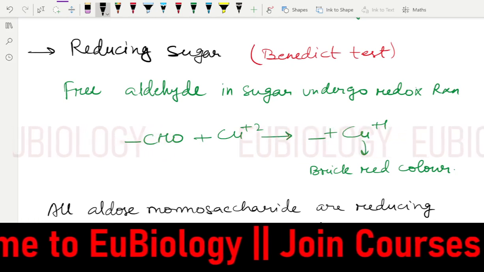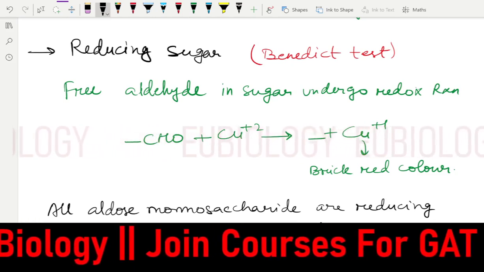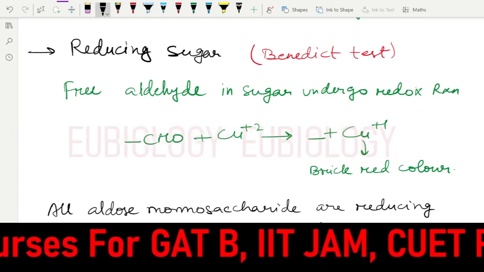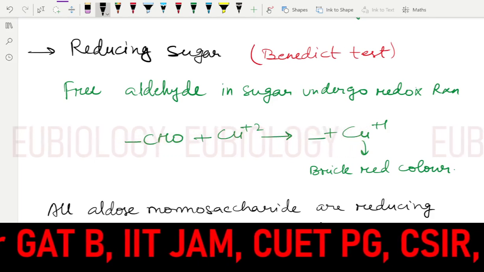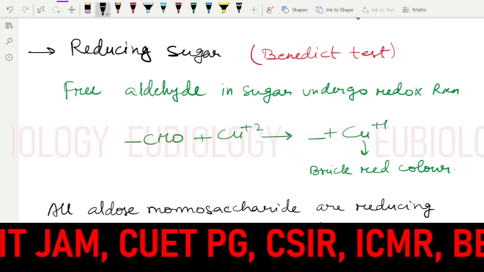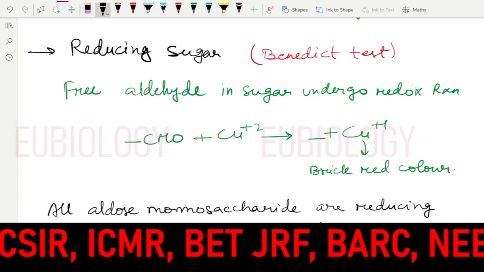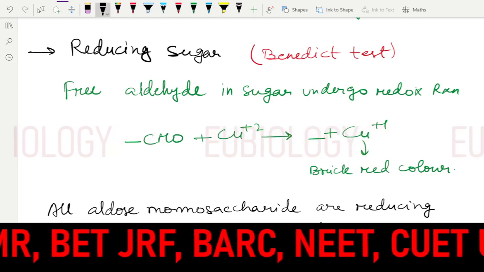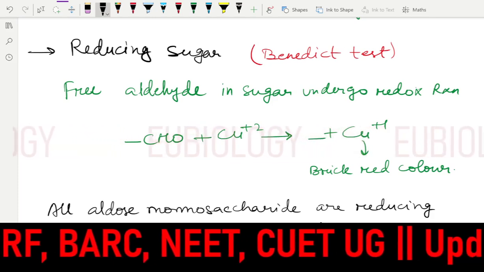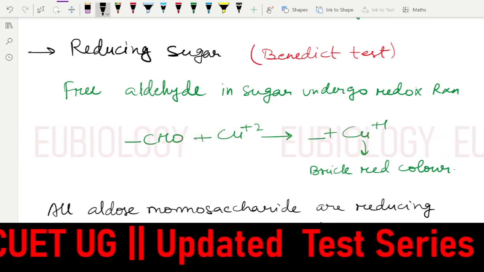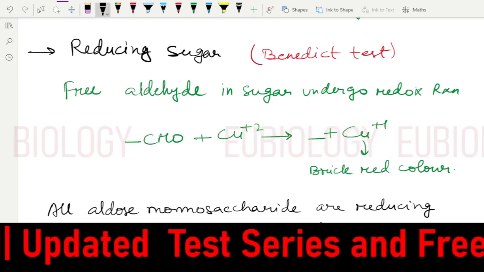So reducing sugars: the Benedict test is used for finding whether glucose is there in our blood or not, or in urine also, or you can check urine, stool, or the blood. What we are going to do in Benedict is the free aldehyde which is there in the sugar, the terminal aldehyde which we are talking about.